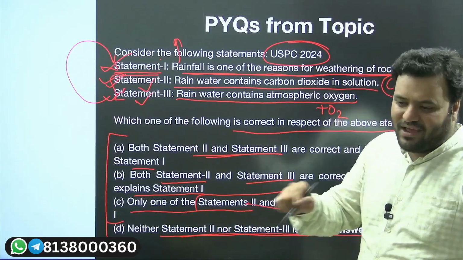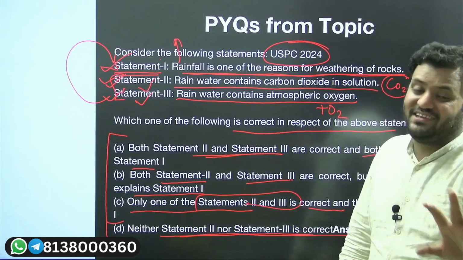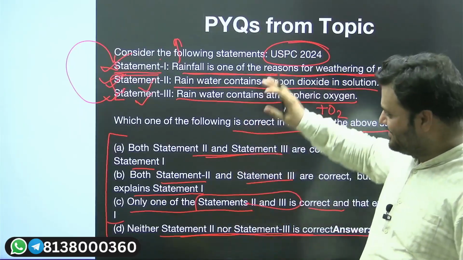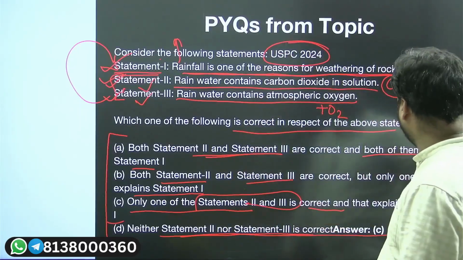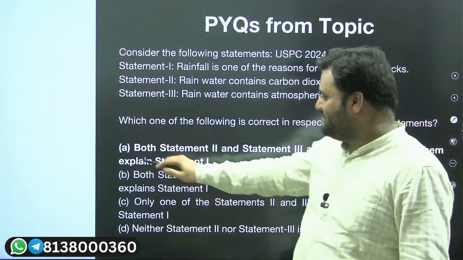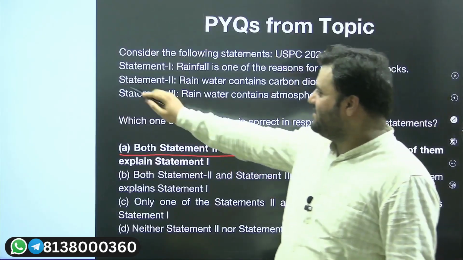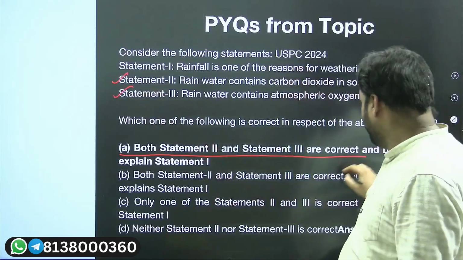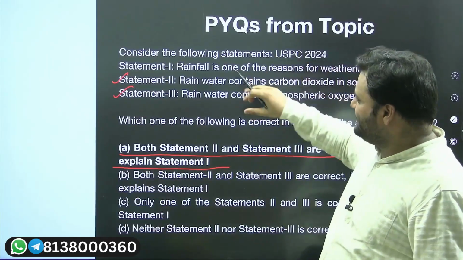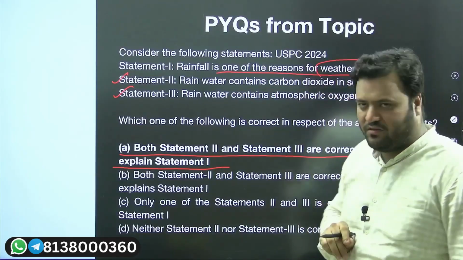So just apply your instinct, apply your knowledge, and try to solve this question. If you solve this question, you will get to know that the answer would be A, that both statements 2 and 3 are correct, and both of them explain statement 1. Statement 1 is saying that rainfall is one of the reasons for weathering of rocks.